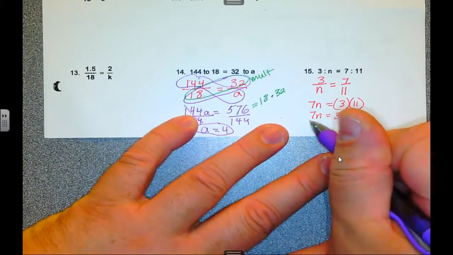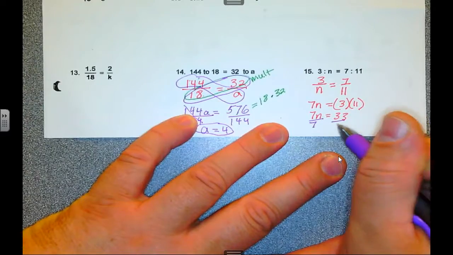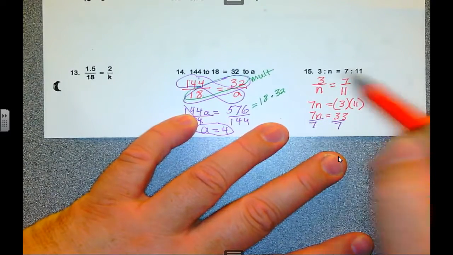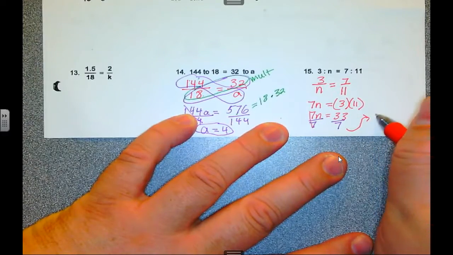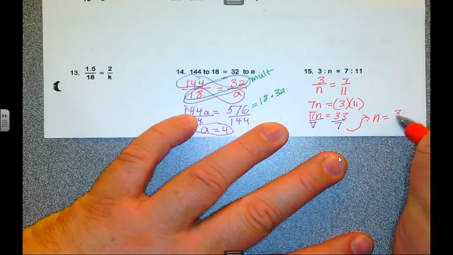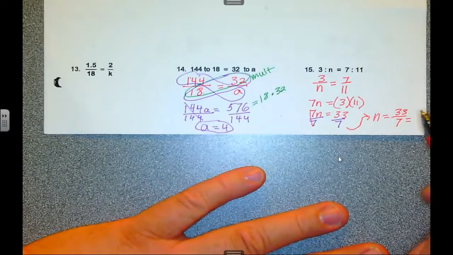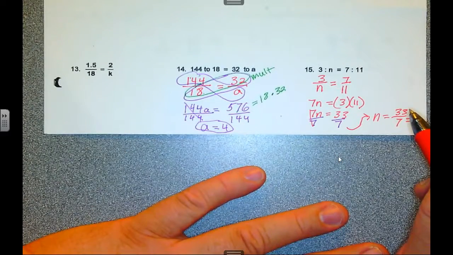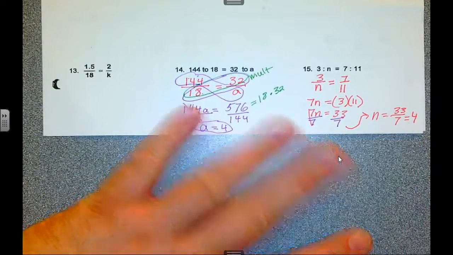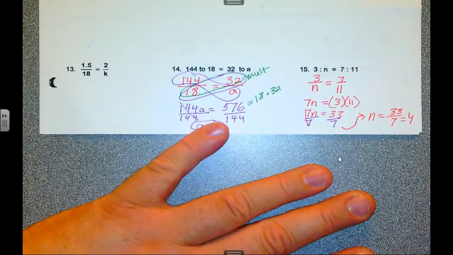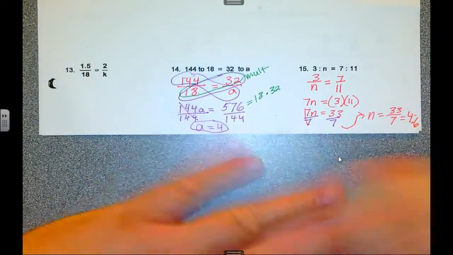I'm going to divide both sides by the coefficient of n, 7. And you know what? You could leave it as 33 over 7, or you can give me the decimal, which is 4.714.